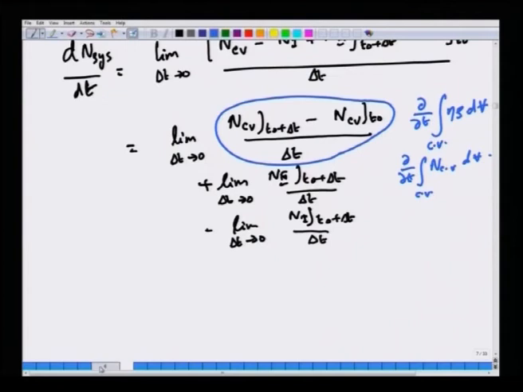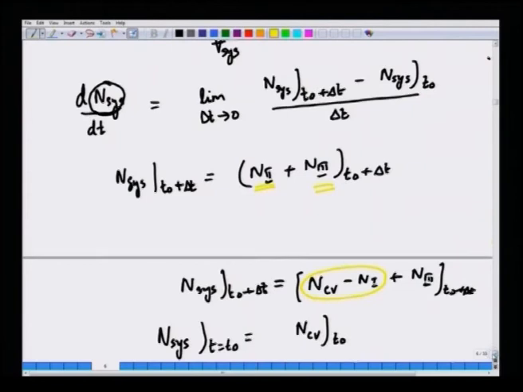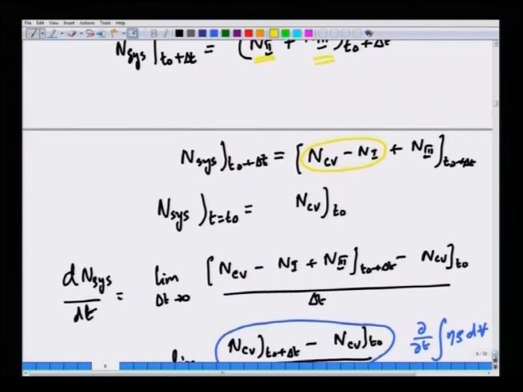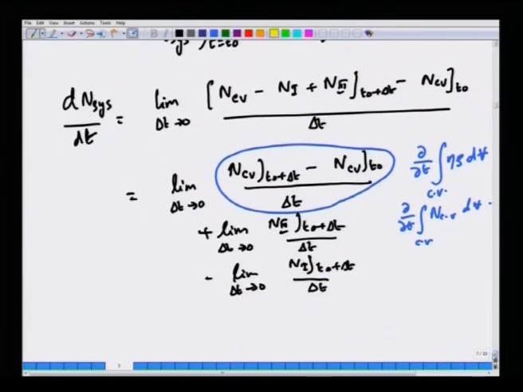So, the first term is simple, the second term and third term need some work.